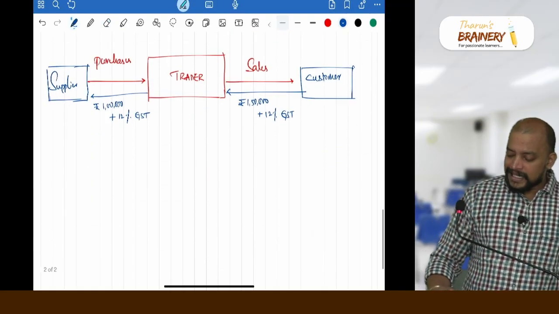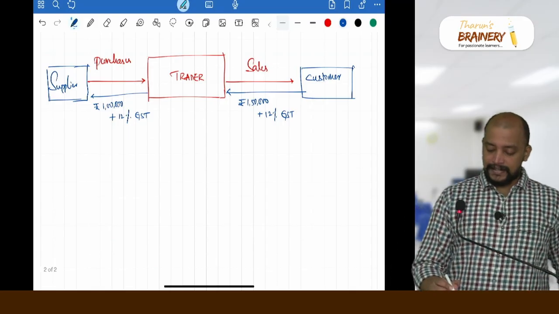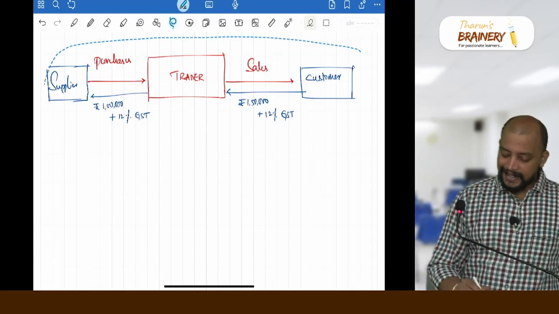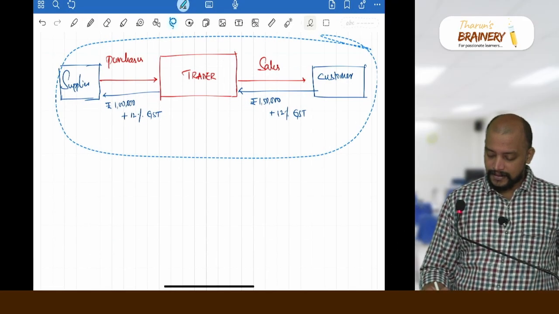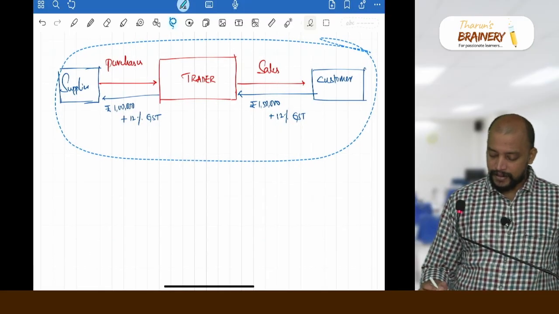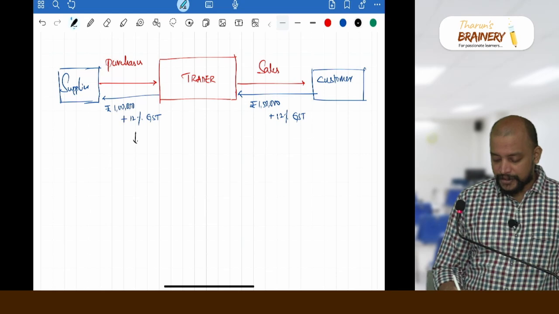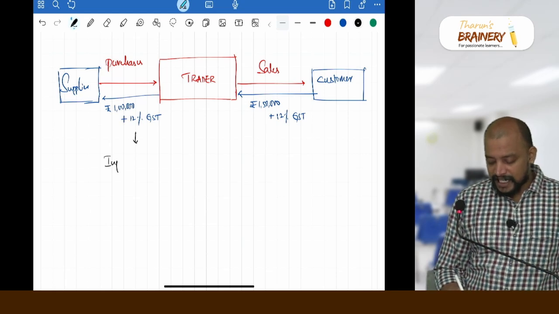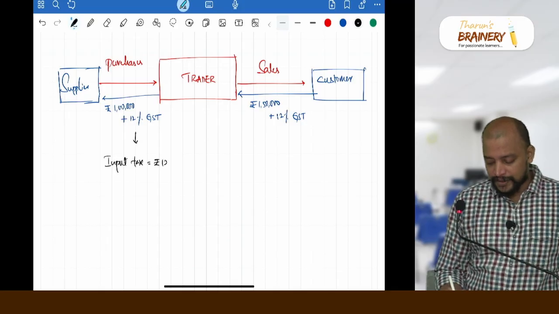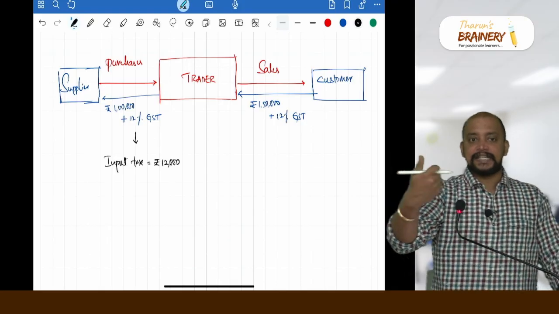Now, what is the tax on purchases? The tax on purchase is 12,000, which is called input tax. So what is the input tax? 12,000. Tax on input. Purchase is input.